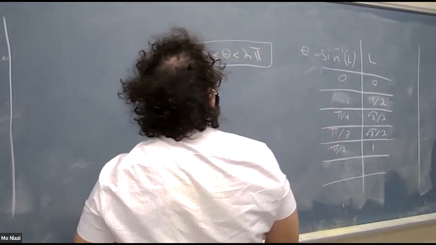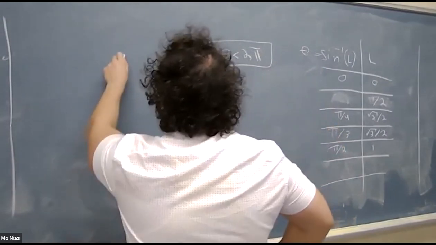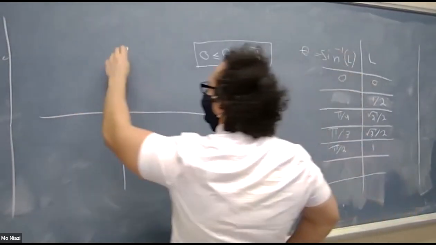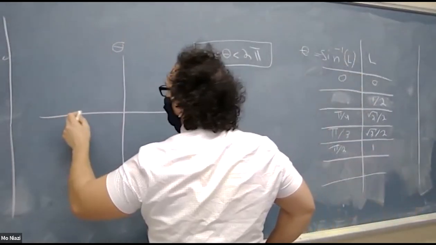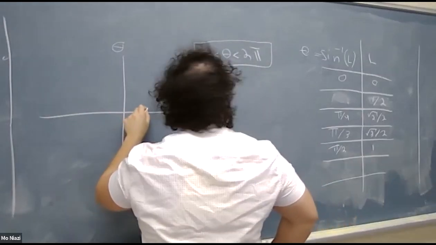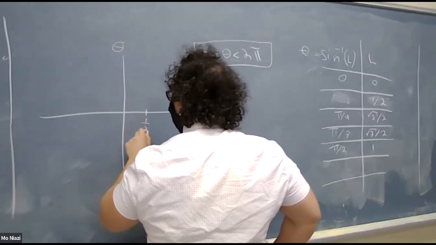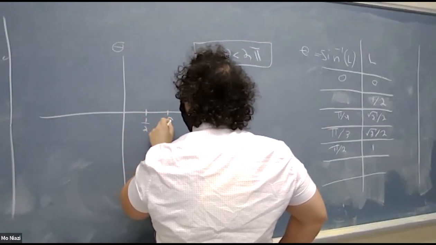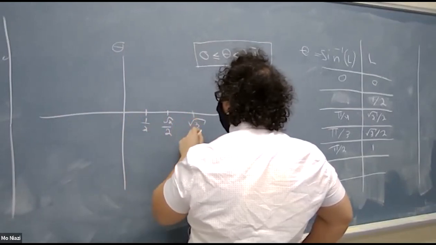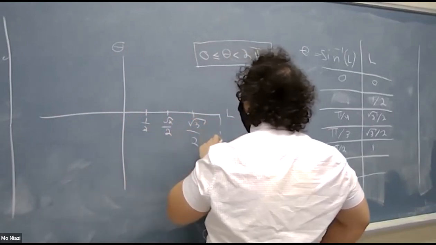So we created an L theta table, right? Here's L, here's theta. Let's plug in our various L's: 0, 1/2, root 2 over 2, root 3 over 2, 1.